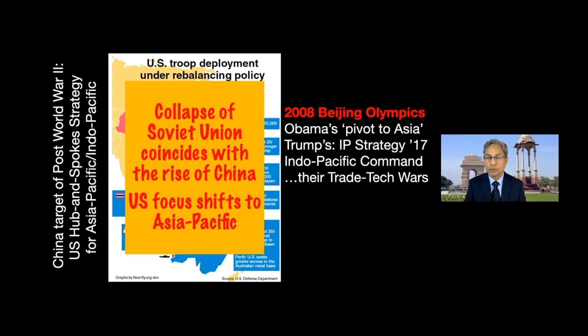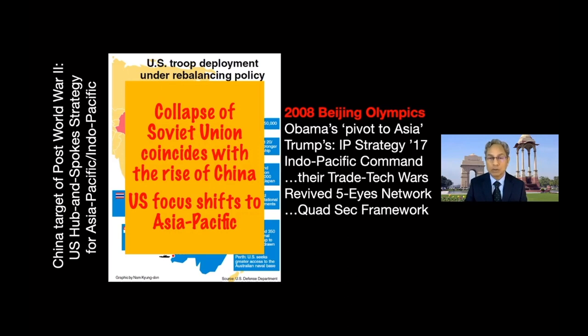President Trump also focused on China in a very confrontationist method of trade and technology wars. He revived something called Five Eyes network of intelligence agencies of Canada, New Zealand, Australia, Japan, and the United States to keep an eye on what Chinese are doing.